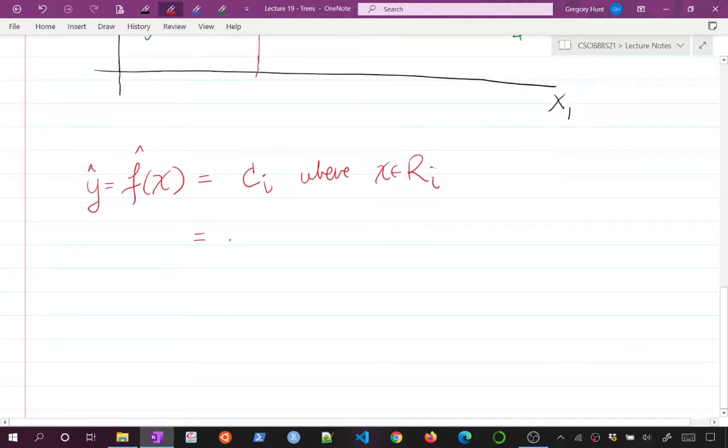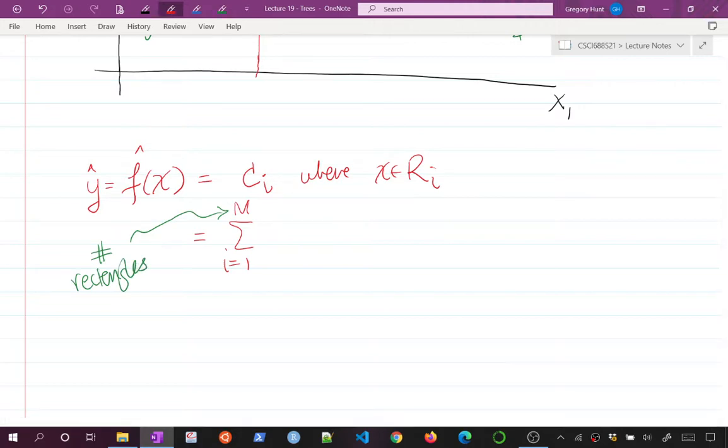You can write it out a little bit fancier. You could say instead, sum over all of our rectangles. If I have m rectangles, where m is the number of rectangles, I'm going to sum over all those rectangles, and then I'm going to have an indicator that tells me whether or not x is in each of these rectangles, and I'm going to multiply by that value ci. So this is the same kind of thing.